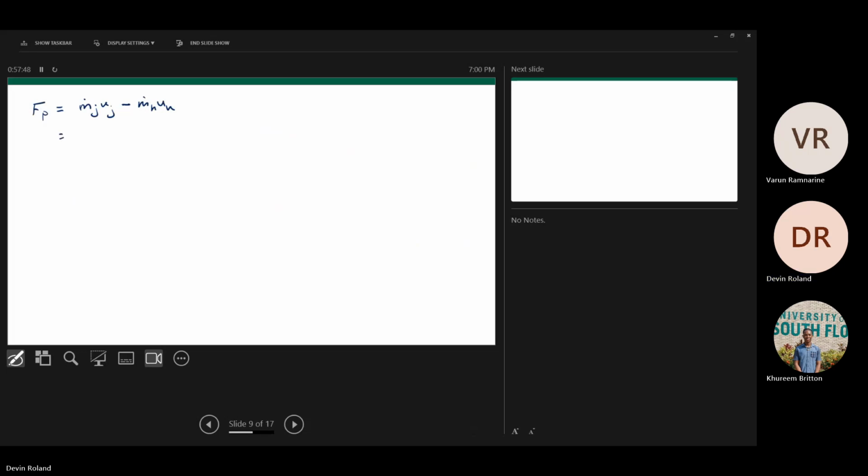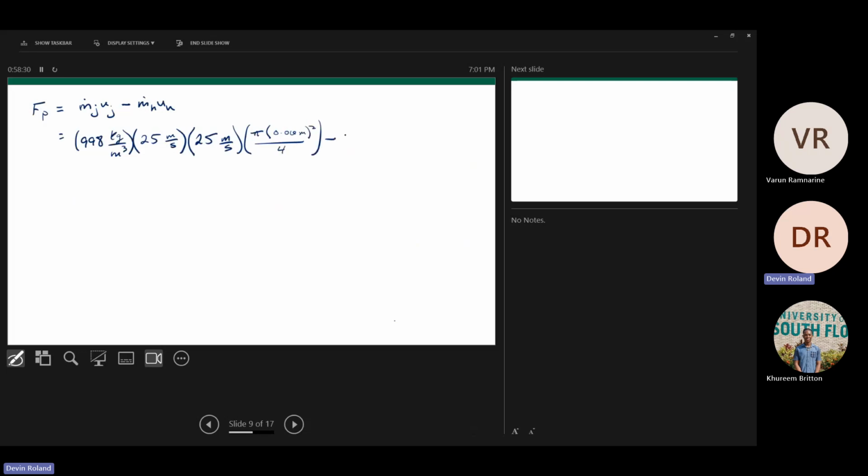This will be 998 kilograms per meter cubed multiplied by the velocity, 25 meters per second, multiplied by, again, the velocity, 25 meters per second, times the first area, which is pi times 6 centimeters.